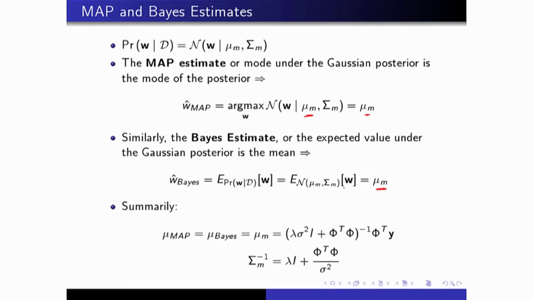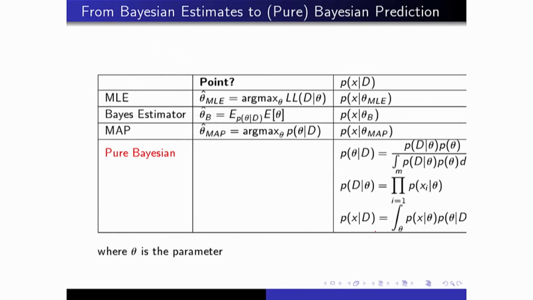So summarily, the MAP estimate is obtained in this very interesting form, and it has a covariance matrix associated from the posterior. So MLE is a point estimate. The Bayes estimator and the MAP estimate are both point estimates that you get from the posterior.